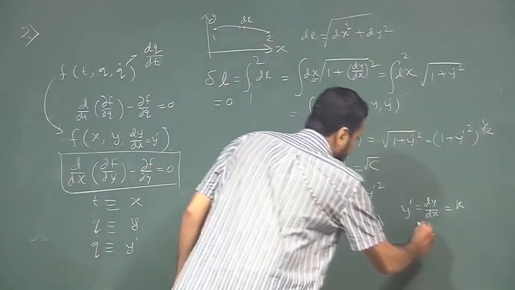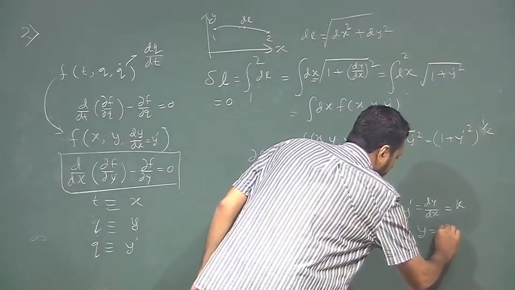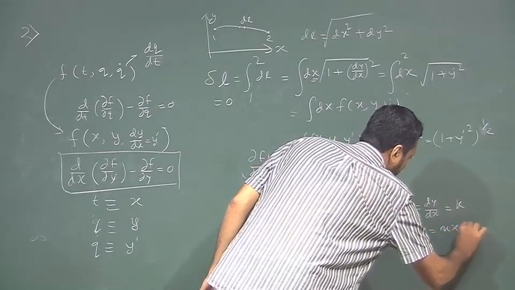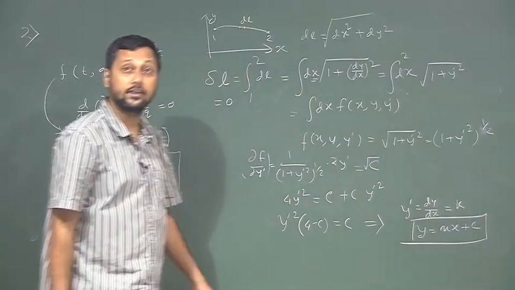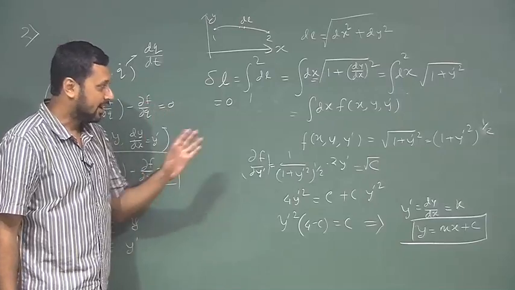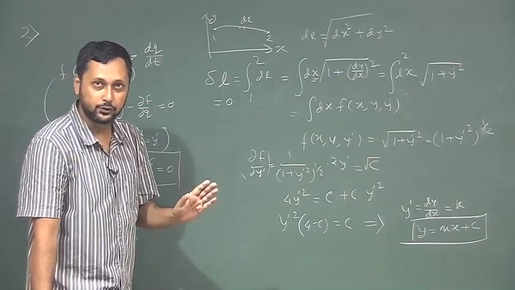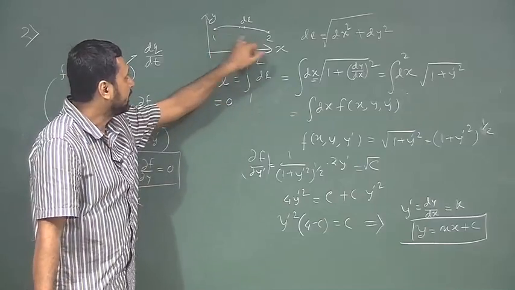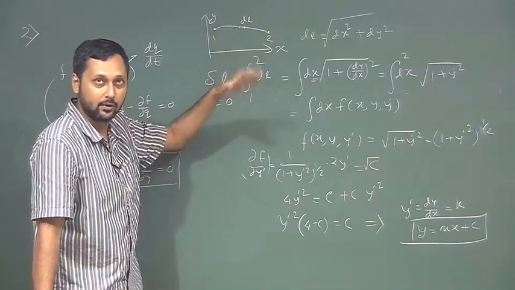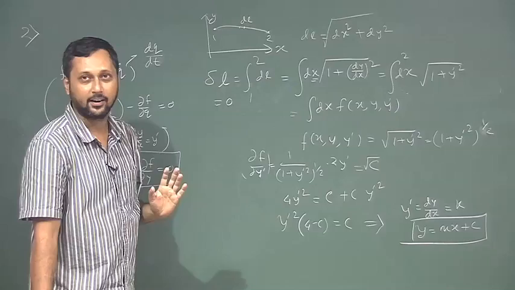So, if I integrate this, we get the familiar form y equal to mx plus c, and this will be the equation of a straight line, right. And now, we have formally proved using variation calculus that the shortest distance between two points on a plane, or on a Euclidean plane, is a straight line.